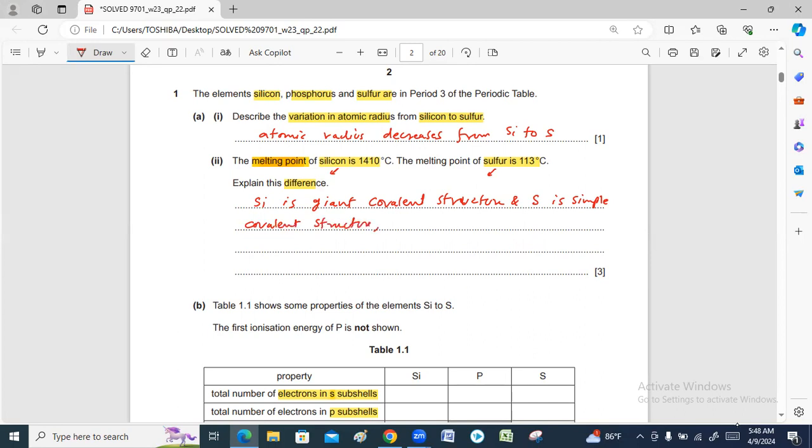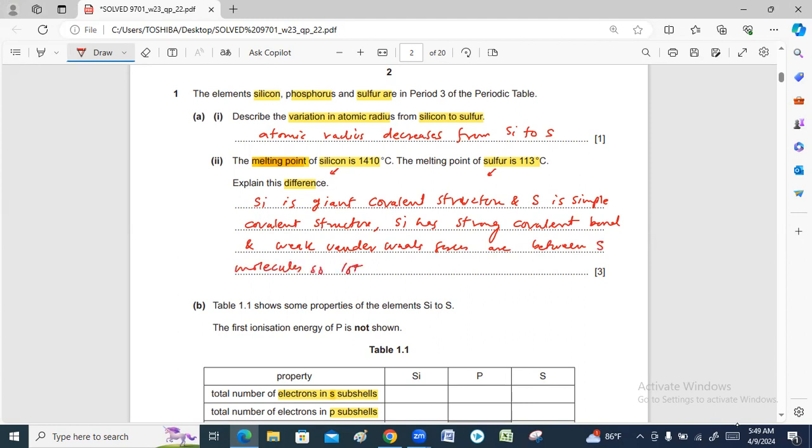Silicon has strong covalent bonds, and there are weak van der Waals forces between sulfur molecules.